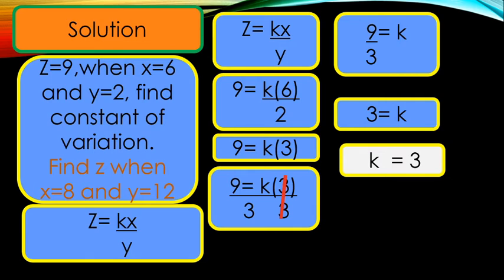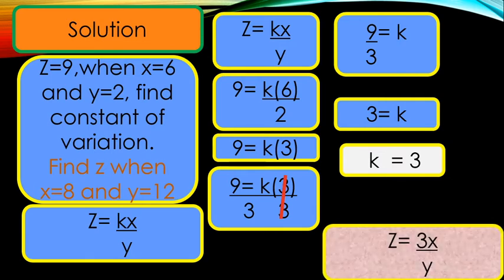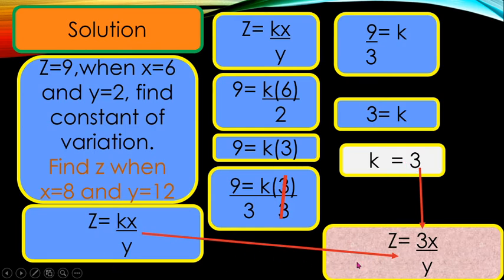Now, this is the value of our constant of variation, and we can now write the equation of variation as Z equals 3x over Y. Since this is our equation and this is the value of our constant of variation, just copy this one and replace K by 3.